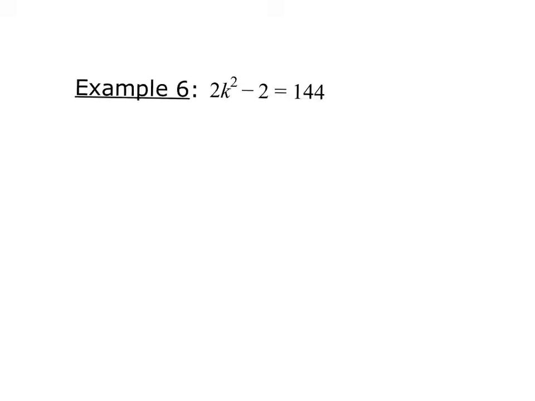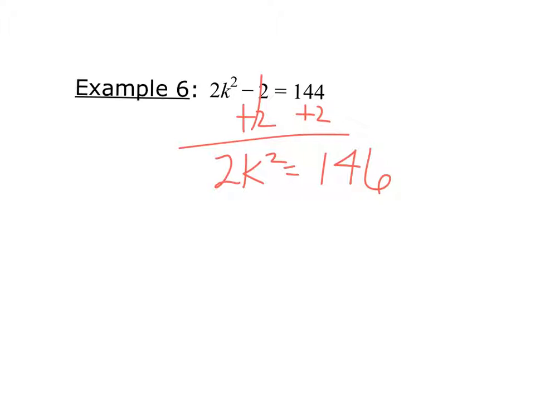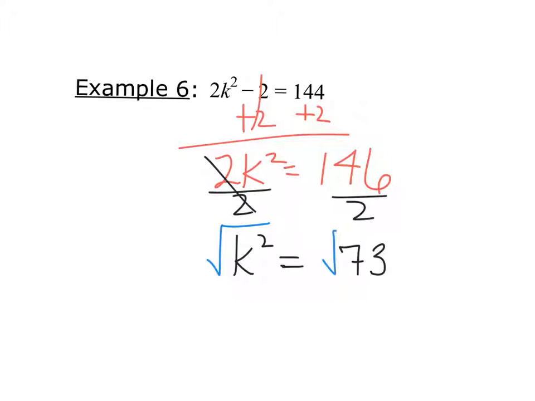All right, so what's my first step? Plus 2 to both sides. So then I have 2k squared is 146. And then? Divide both sides by 2. So k squared is 73. All right. Then Ryan, what's the square root? Because we have to do square root, right?